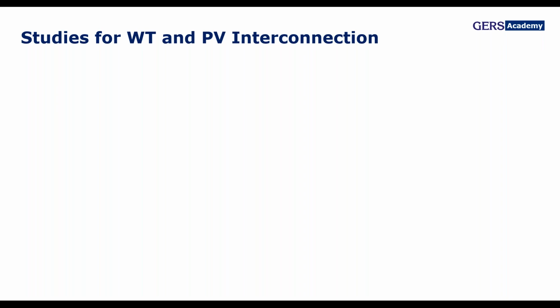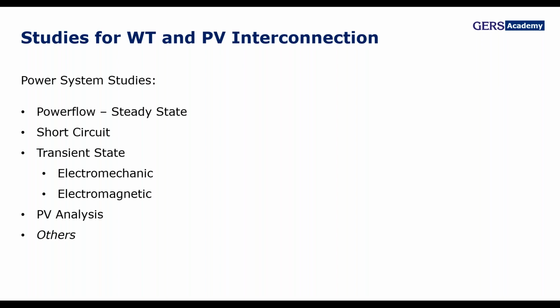There are several studies performed during the planning stage that offer some security for the transmission planner and in the future for the operator. Some of them are listed here: power flow, steady state, short circuit analysis, and transient analysis that involves not only electromechanical but also electromagnetic.